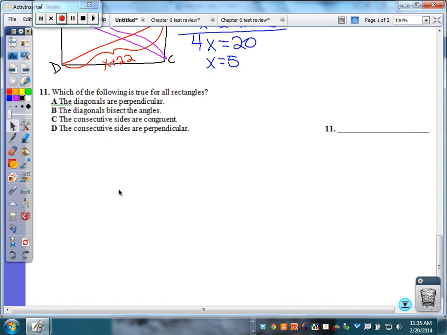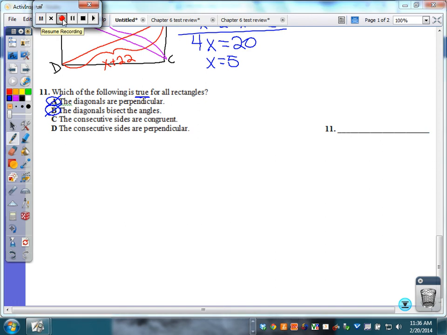Which of the following is true for all rectangles? The diagonals are perpendicular. No. Okay, what about the diagonals bisect the angles? Okay, that is not true. Consecutive sides are congruent.